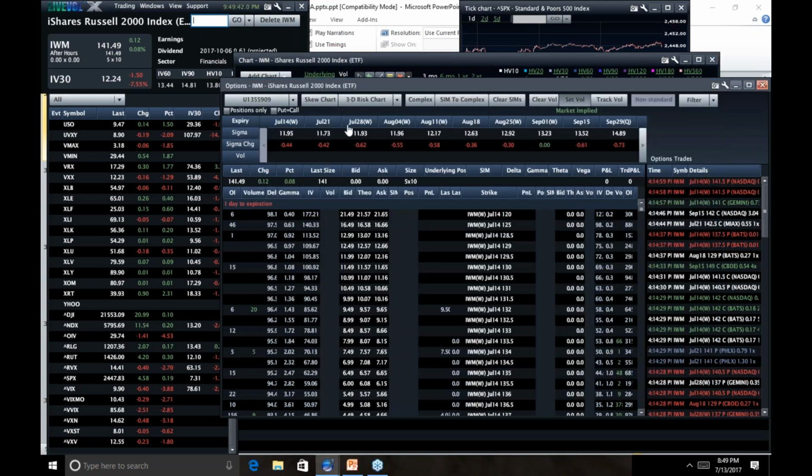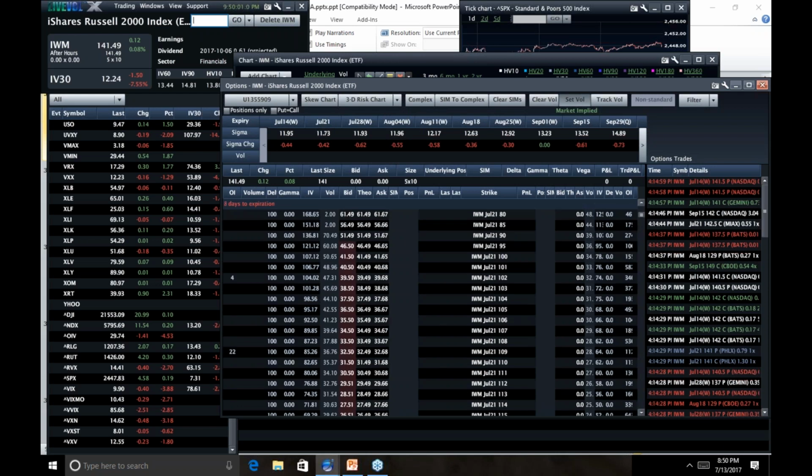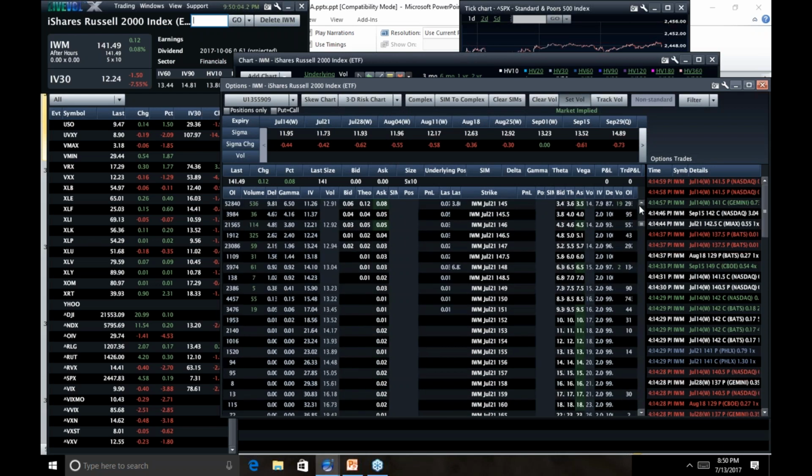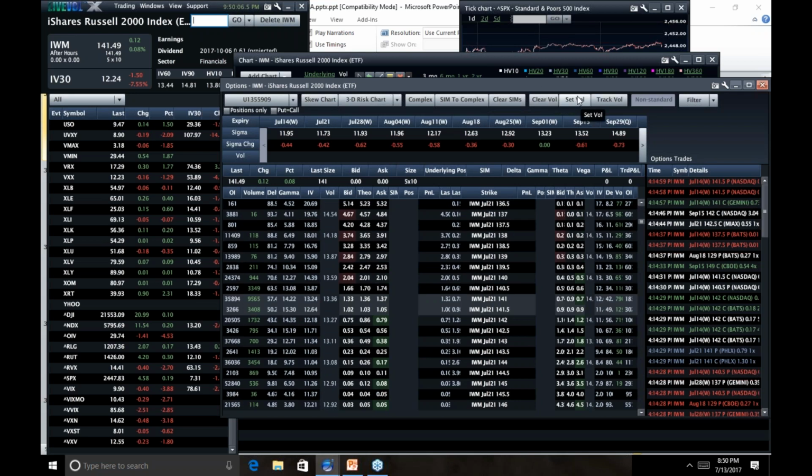All right, so then I look at my term structure. I mean, that's an interesting looking calendar right there. That's a little much. So let's just look at July. Let's just stick to something easy. I don't trade a lot of IWM, just an FYI.